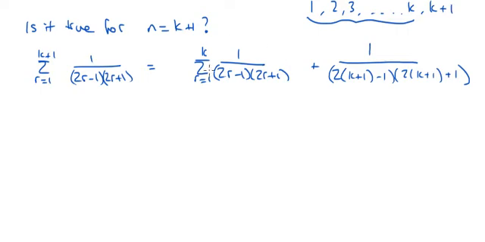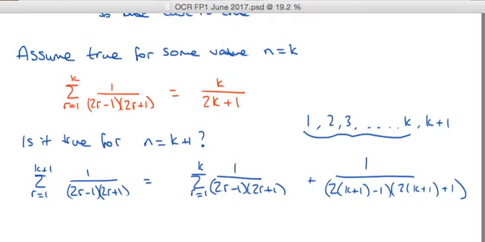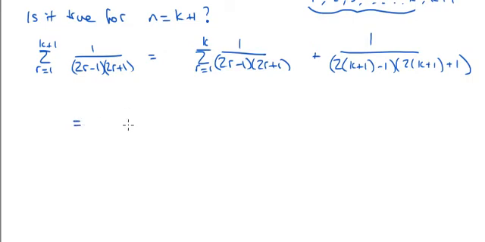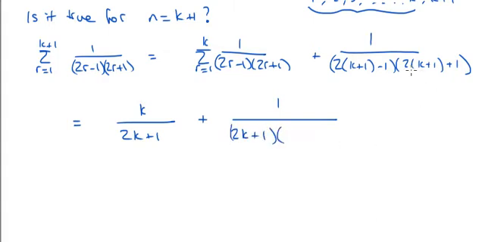So we know this, we've assumed that this is equal to k over 2k plus 1. So I can now swap that. And if we tidy this up now, we're going to get 1 over 2k plus 1, and this is going to be 2k plus 2 plus 1, 2k plus 3.